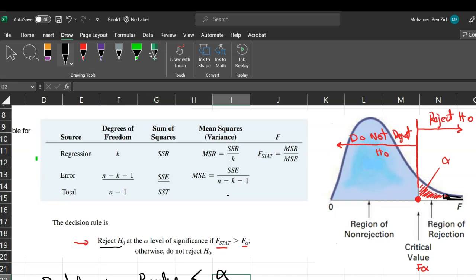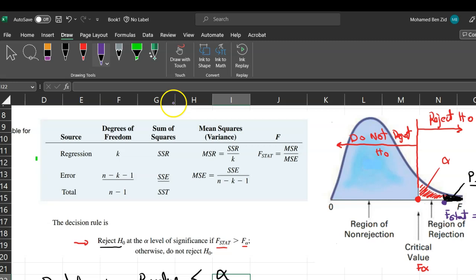The point where the p-value stops is the F stat, which is around 46 point something.